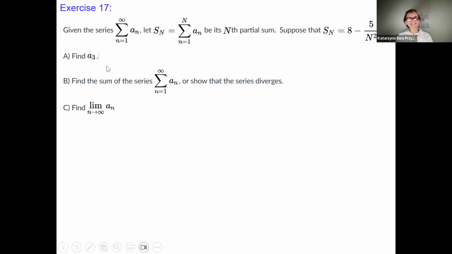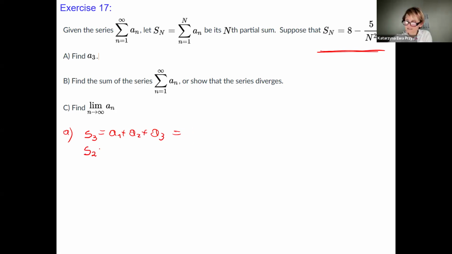How can we find a sub 3? Only having the partial sum. What about s sub 3, s sub 2?